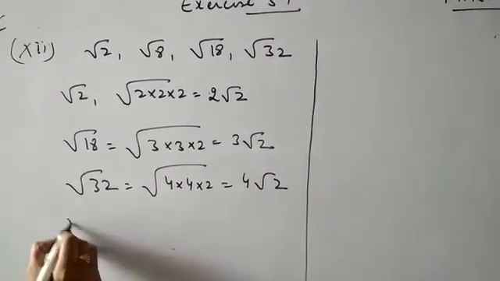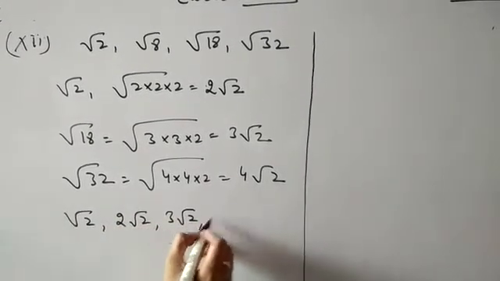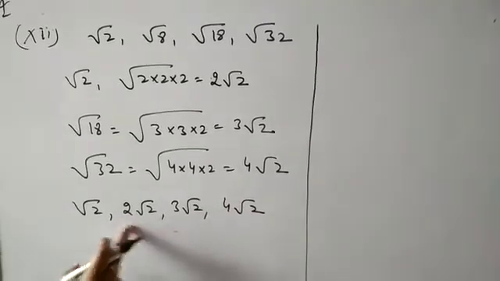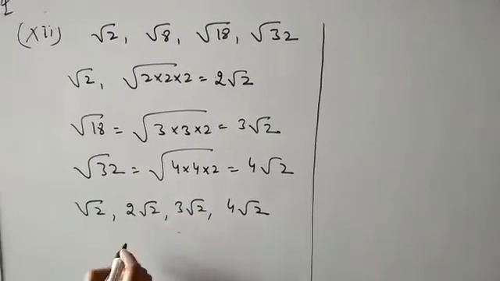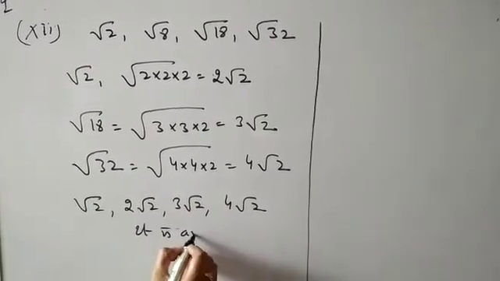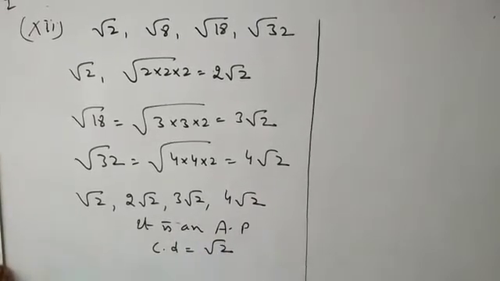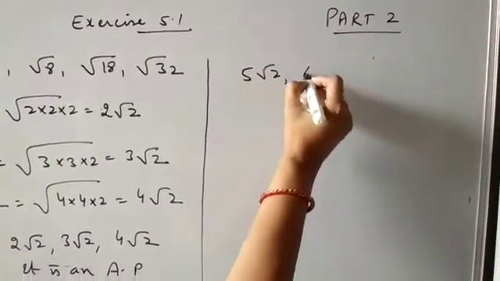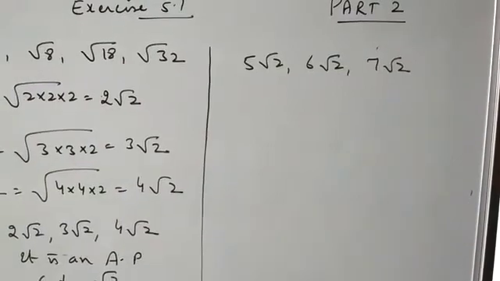So I have the terms root 2, 2 root 2, 3 root 2, 4 root 2. Each term is obtained by adding root 2 to the preceding term. It is an AP, so common difference is root 2. Next 3 terms are 5 root 2, 6 root 2 and 7 root 2.